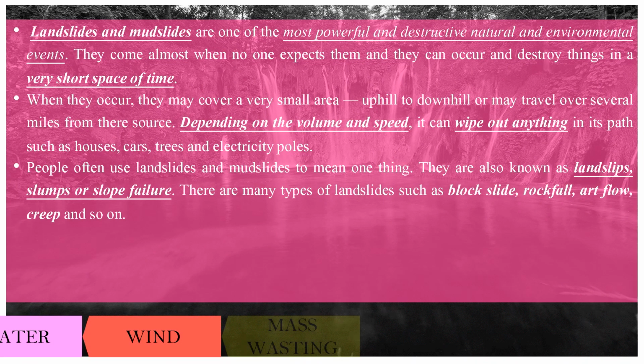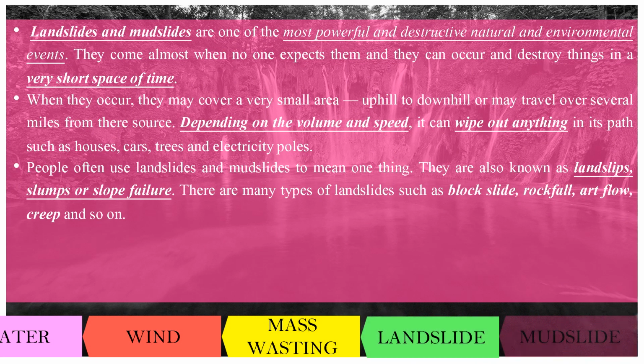Landslides and mudslides are some of the most powerful and destructive natural and environmental events. They come almost when no one expects them, and they can occur and destroy things in a very short space of time. When they occur, they may cover a very small area, uphill to downhill, or may travel over several miles from their source.